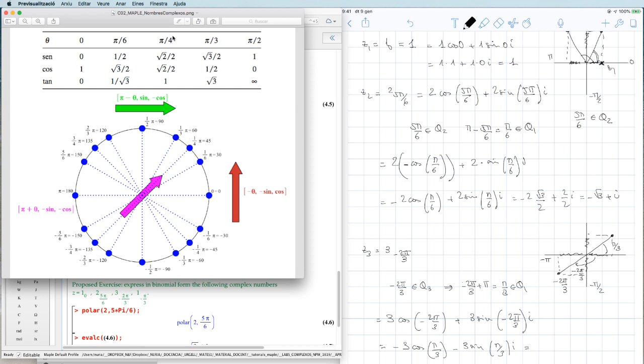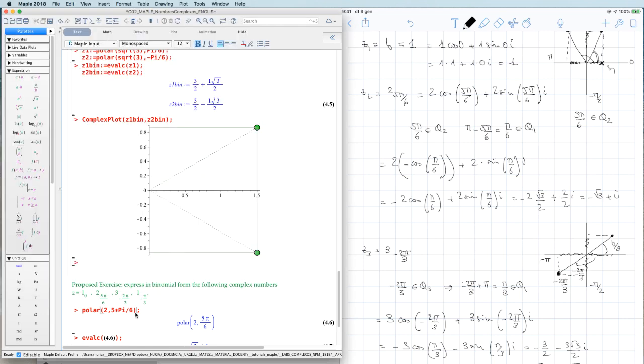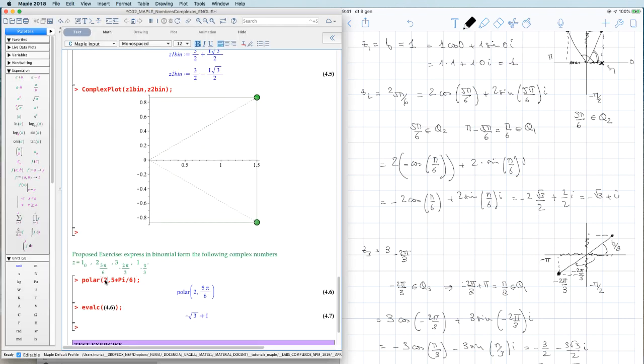And now, the cosine is 1/2, so minus 3 over 2, minus, this one is 3 square root of 3 over 2, so minus 3 square root of 3 over 2 i. In the end, we can always check that if I have a number in the third quadrant, I have to have negative real and imaginary parts. But we can also check it in here. So I change to 3, and now 2 pi over 3, and I get the result that I expected.